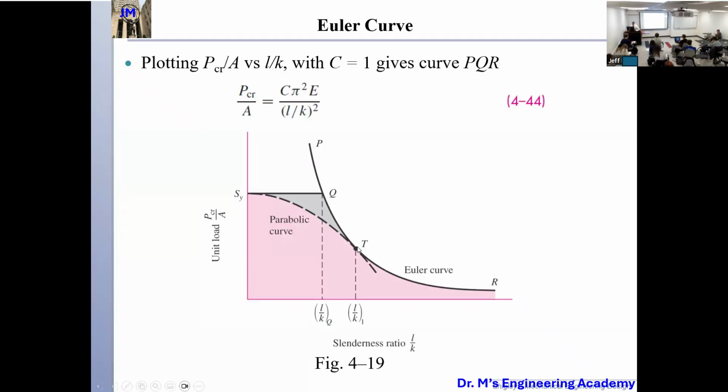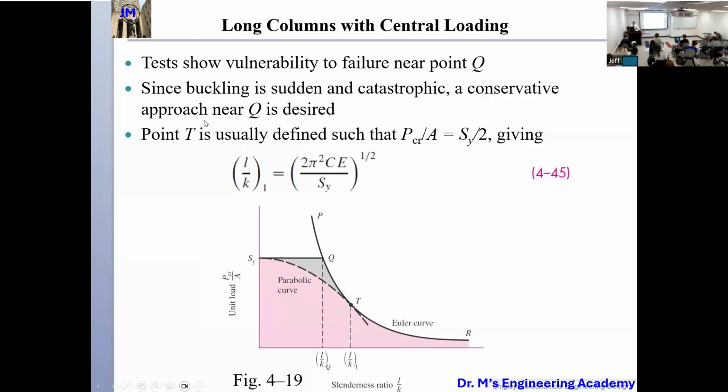But as I said, L over k is a very, very important value. And how to calculate this value is the first step. The test shows vulnerability to failure near the point Q. Since buckling is sudden and catastrophic, a conservative approach near Q is needed.